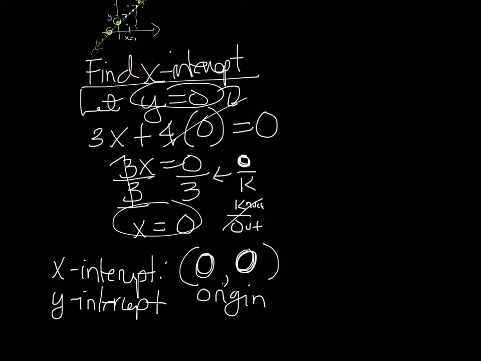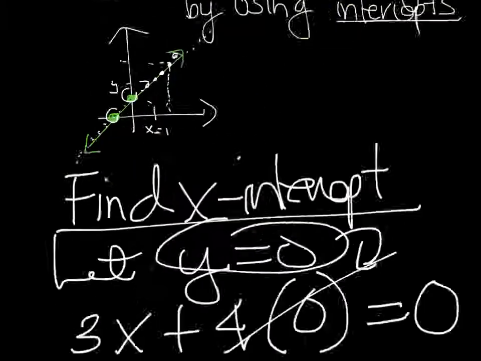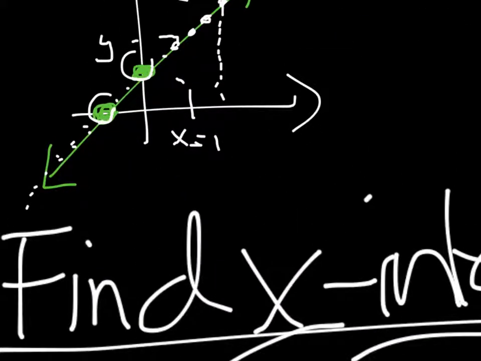Let me move this up. This point I'm talking about is the origin. And again, this green line is not the equation of this line. This touches the x-axis and the y-axis. So this is the only point where the x and y-intercept are the same.